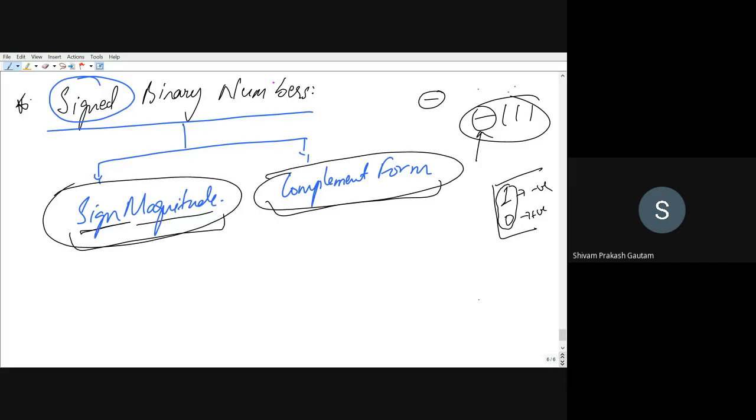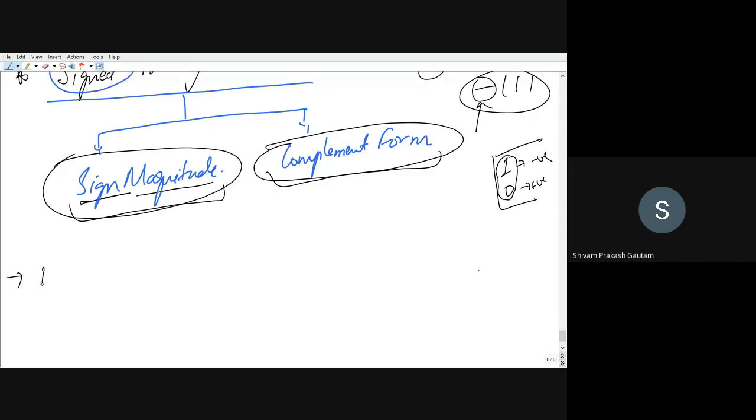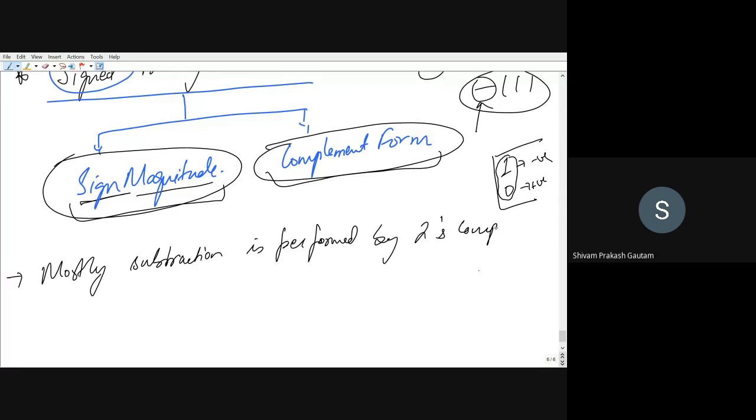We will see them one by one. I'm saying subtraction is mostly performed by the 2's complement method in binary. Now we will only talk about binary.